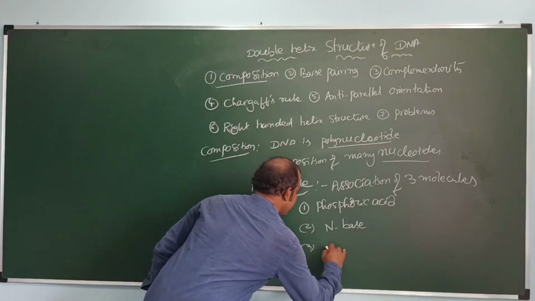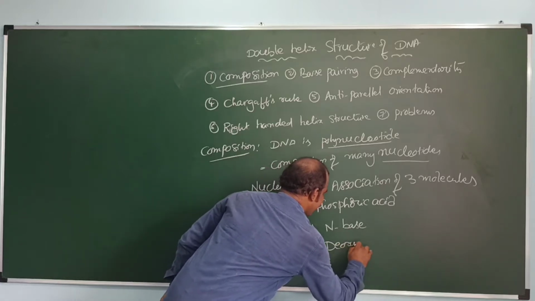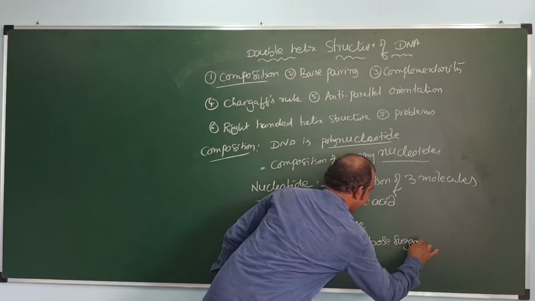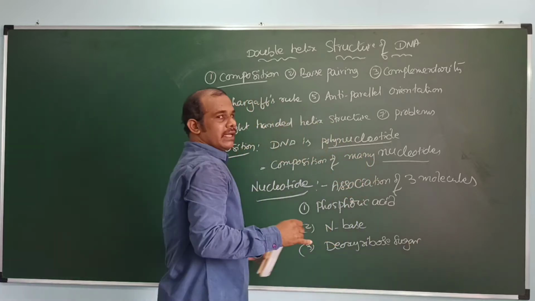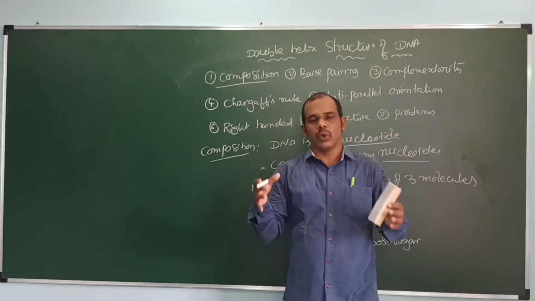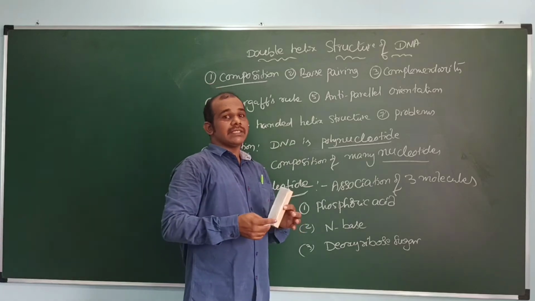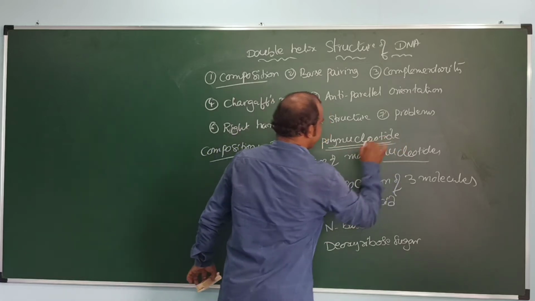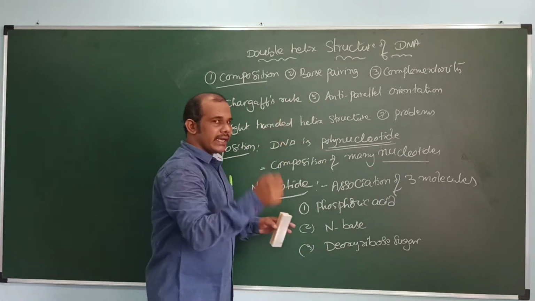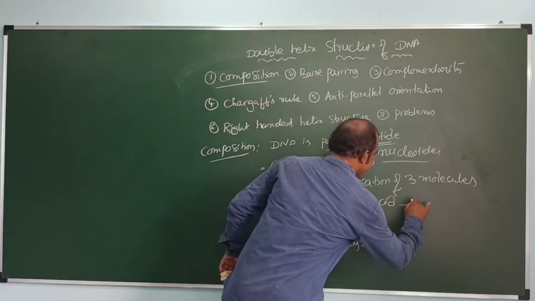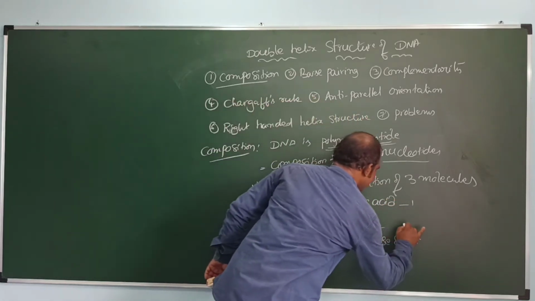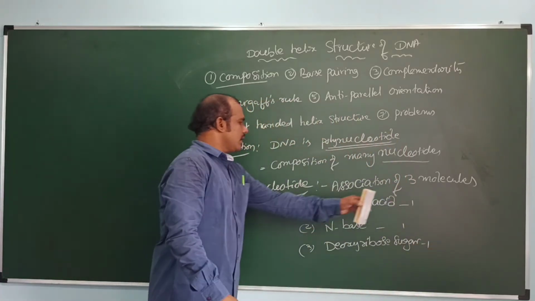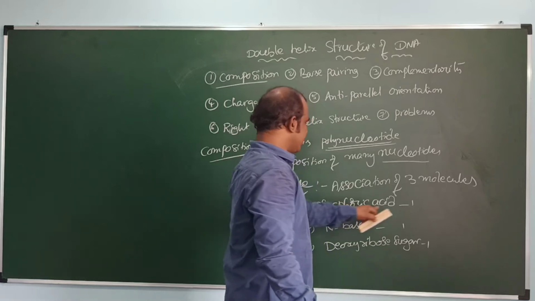And the third one is deoxyribose sugar. These three molecules together are known as nucleotide. Thus, many nucleotides together form a polynucleotide. So, in a nucleotide, one phosphoric acid is present, one nitrogen base is present, one deoxyribose sugar is present.